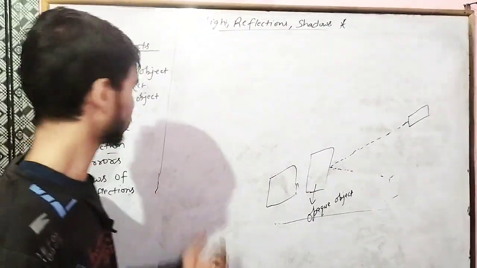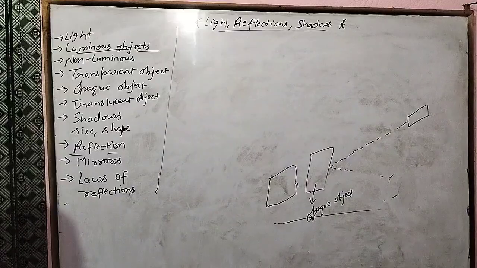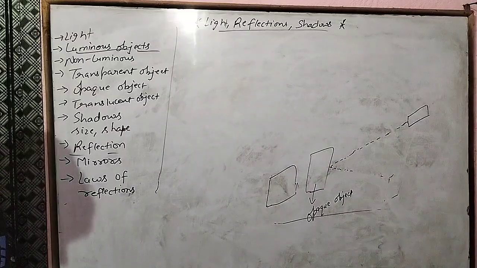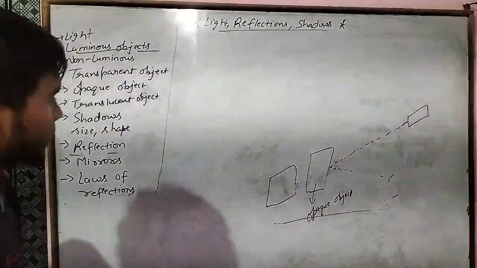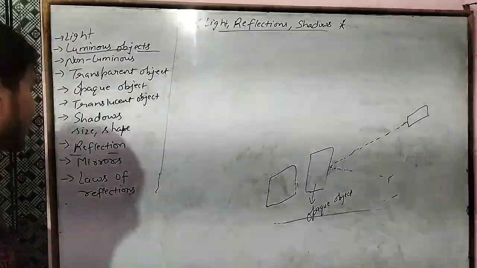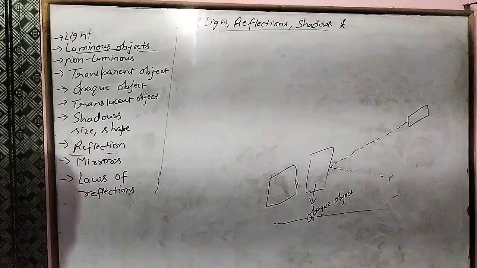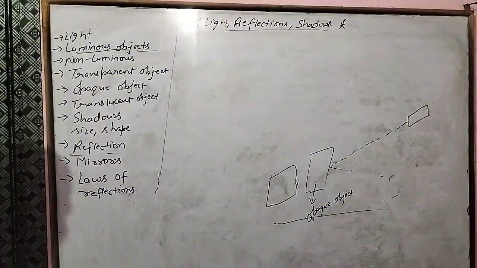Reflection. Shape of shadow we understood, and we saw the size of shadow. Let's understand a reflection. Do you have any idea, any information regarding the reflection of light?